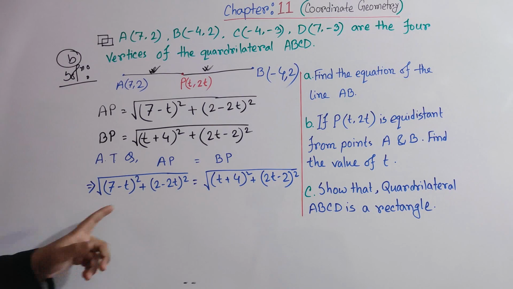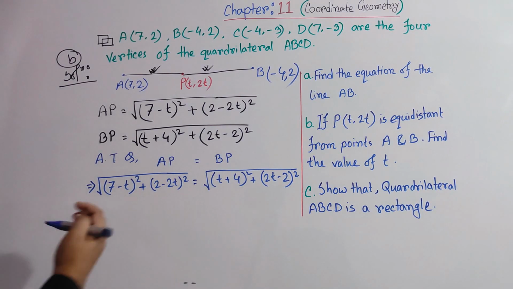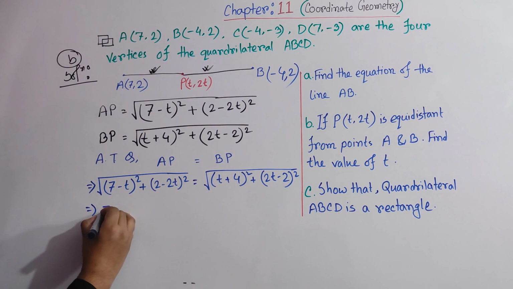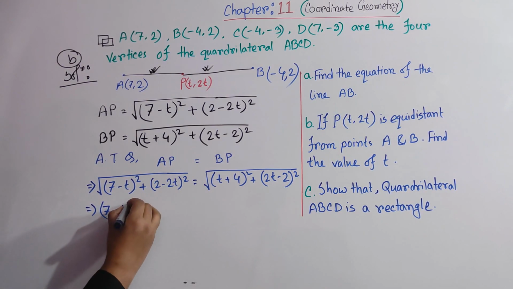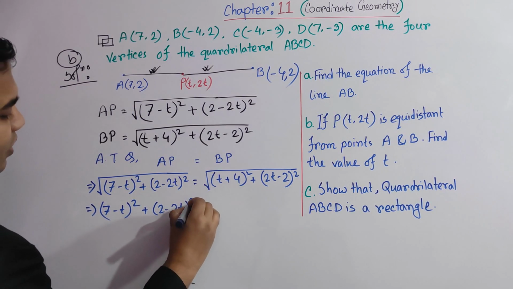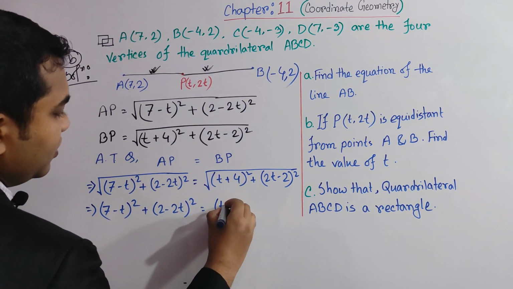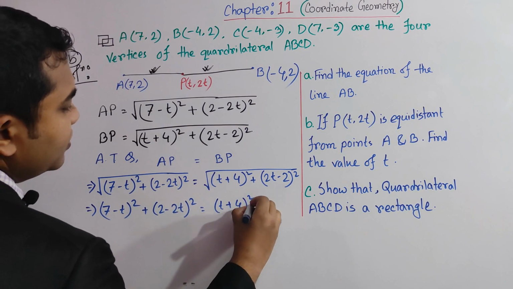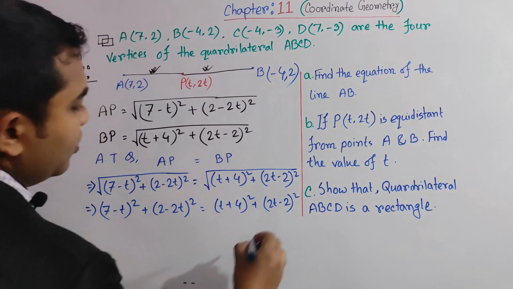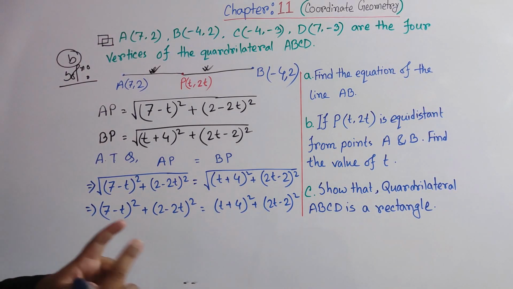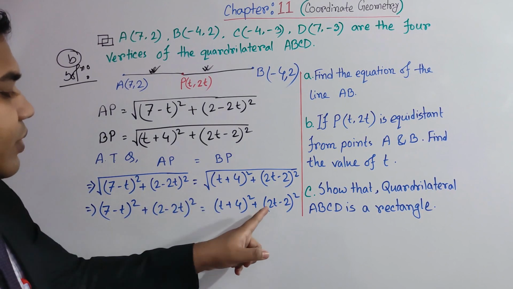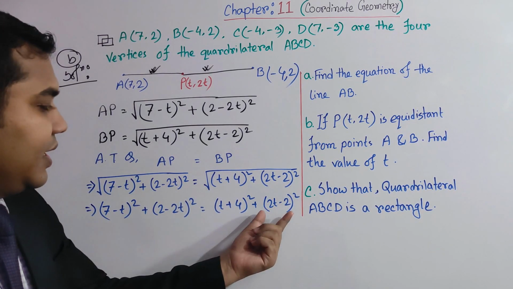Now squaring both sides, we'll get 7 minus t whole square plus 2 minus 2t whole square equals t plus 4 whole square plus 2t minus 2 whole square. Dear students, the interesting thing here is 2 minus 2t whole square and 2t minus 2 whole square are the same.